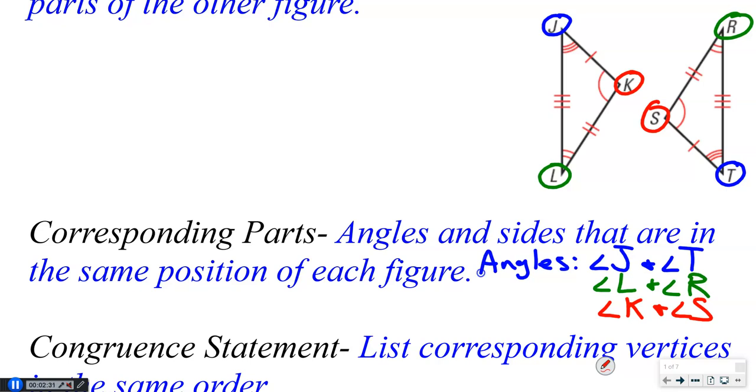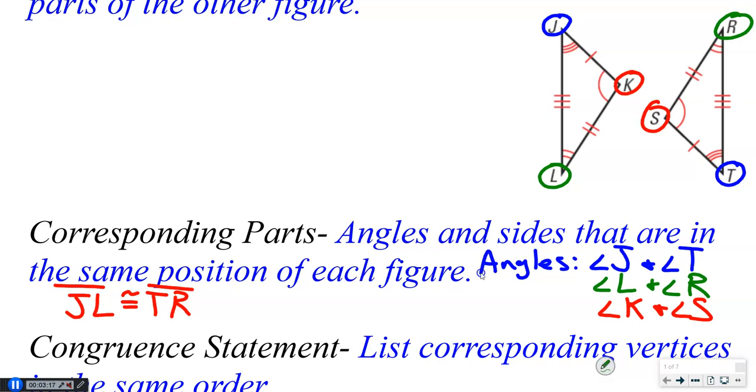We also have sides that correspond. So if we see from J to L, if our side is JL, we would say that corresponds with TR. JL and TR. Yes, I should have shown that J and T are congruent. I could have written the congruent symbol in there instead of the and symbol. I'll write in the congruent symbol for the sides.